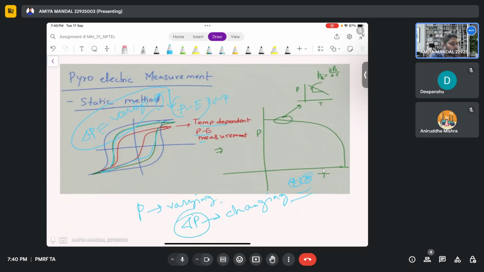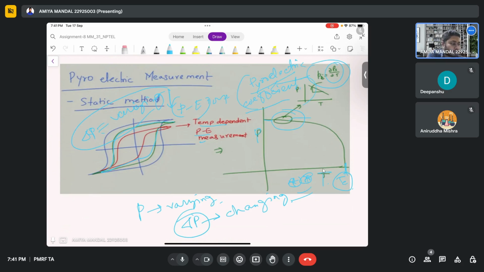P is changing. We know how P varies with temperature. It goes down at a particular temperature, that is the Curie temperature. So in a certain region, how polarization varies with temperature, dP/dT, gives you the pyroelectric coefficient. This is mainly the measurement technique of the pyroelectric coefficient.